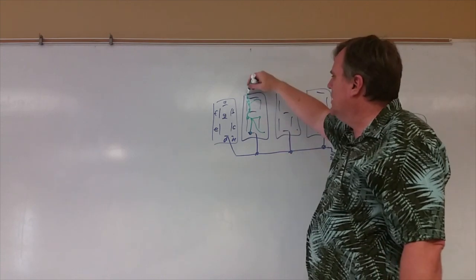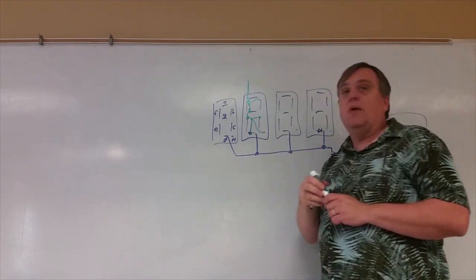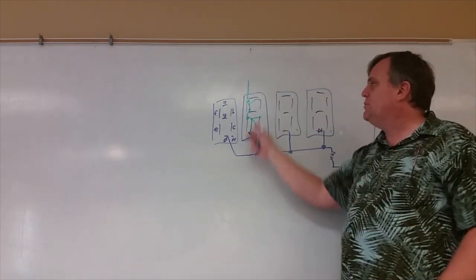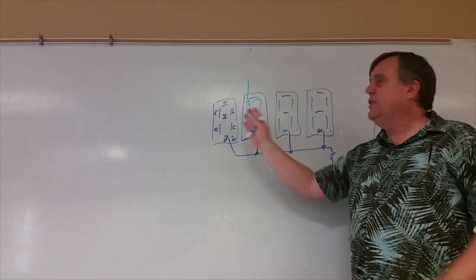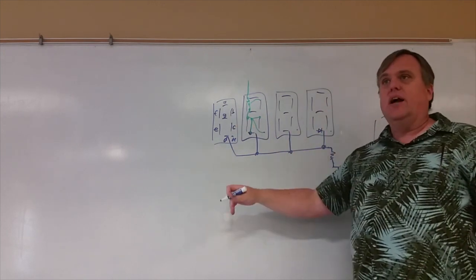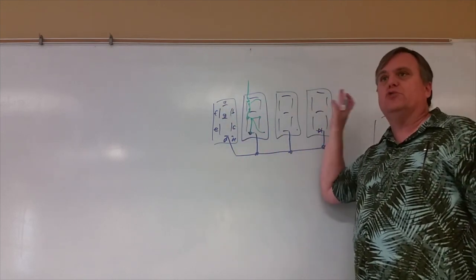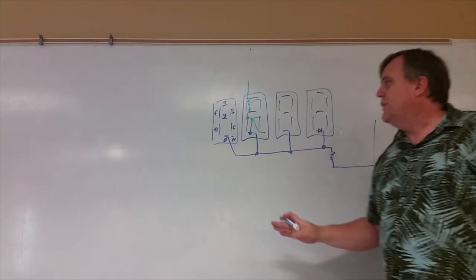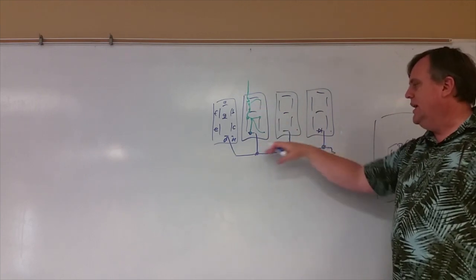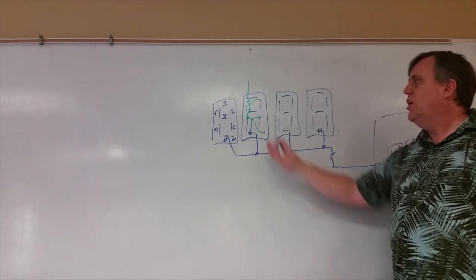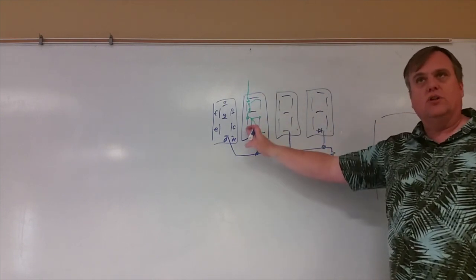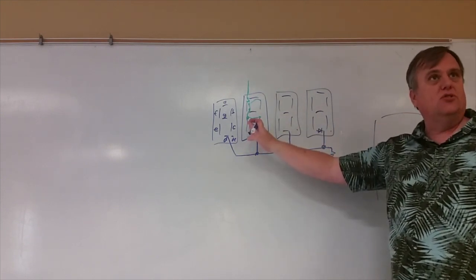All right, so I'll hook them all together, and there's the line for my power, so that when I supply power, I supply to an entire one. And I do that same thing to each one, so I can turn on this one, or this one, or this one, or this one. So if I supply power here, and I supply ground here, I'll only light up the appropriate ones on here. Does that make sense?